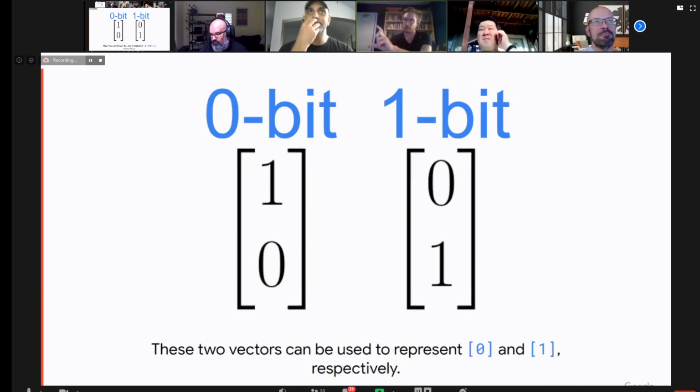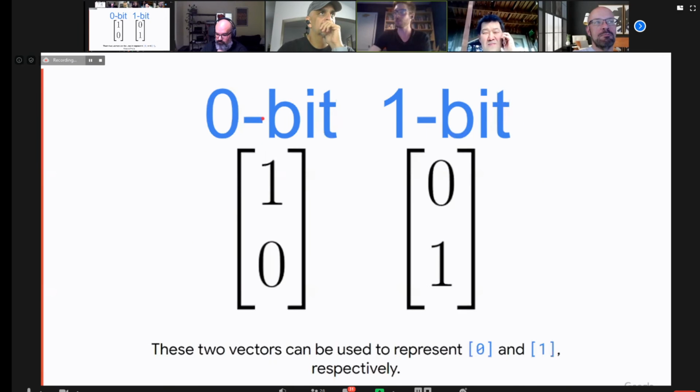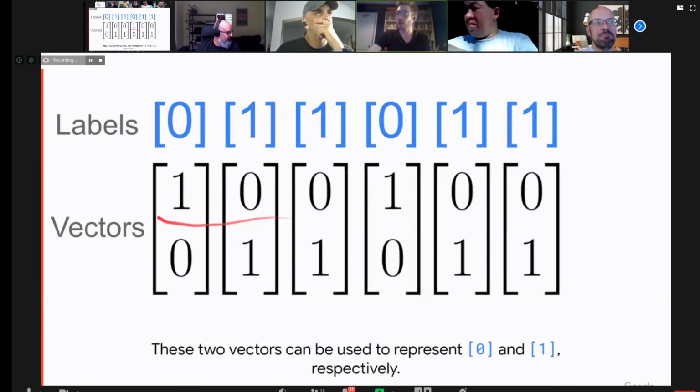What I want to get at is that I'm going to go back and forth between representing these bits as labels on the top, but the underlying, quote, implementation of these labels is a vector. So when you see a 0, we should think this 2-item vector right here, a 1 in the 0th index and a 0 in the 1st index, and a 0 and a 1 here.